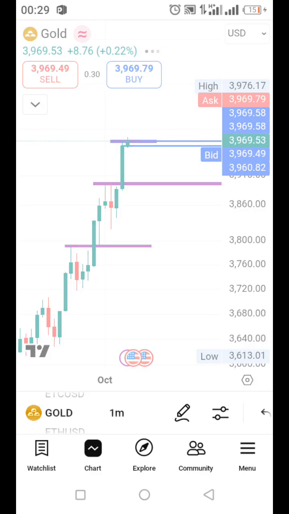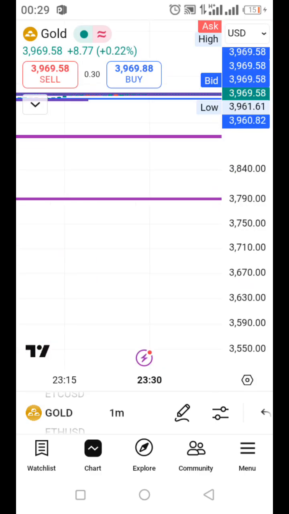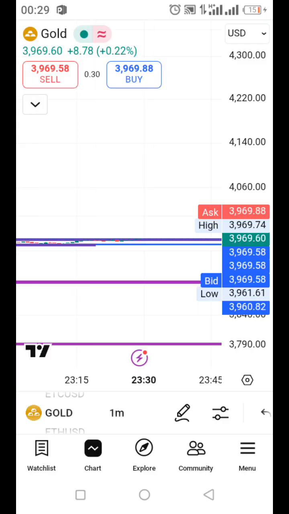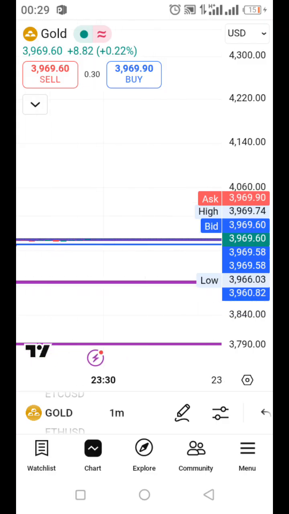Go back to our 1 minute chart. Let's see. Exactly.